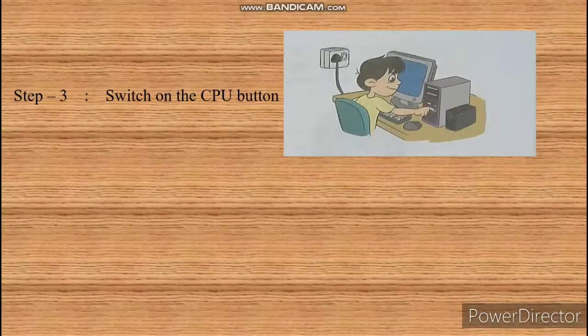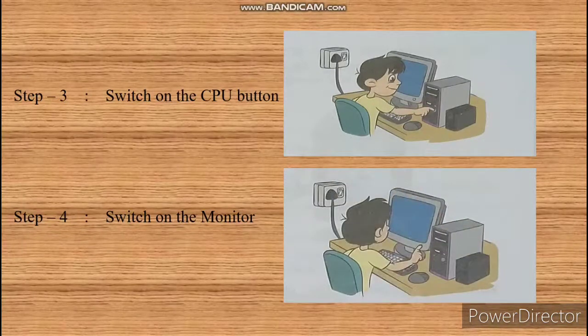Next step is to switch on the monitor. So these are the steps. Step 1, turn on the main power switch. After that, turn on the UPS button. After that, the CPU button, and last, the monitor button.